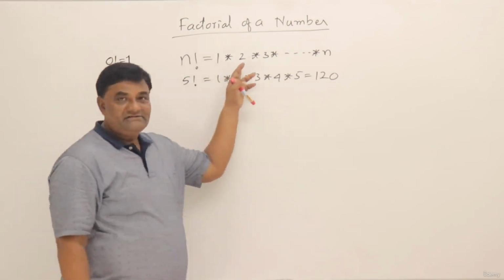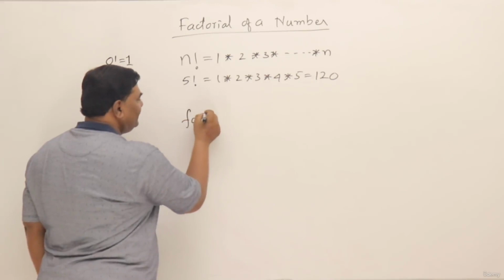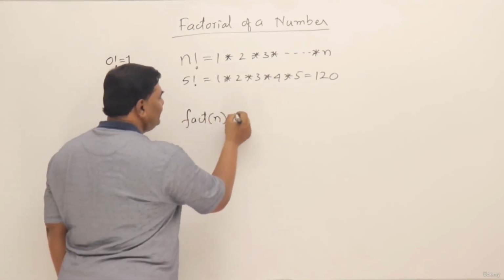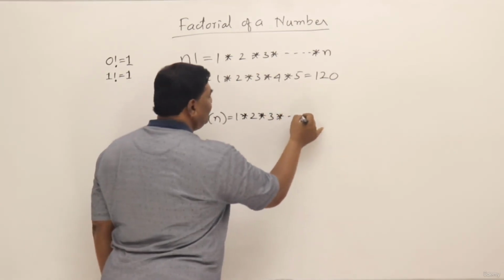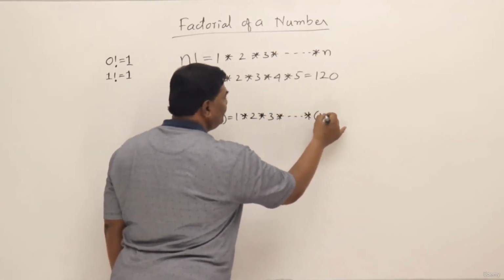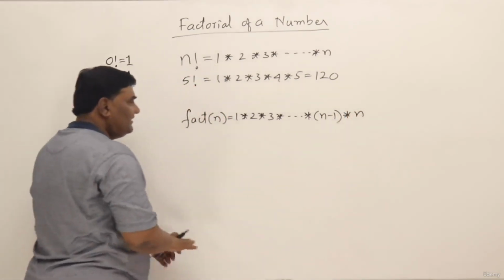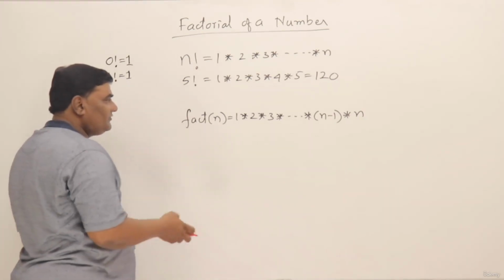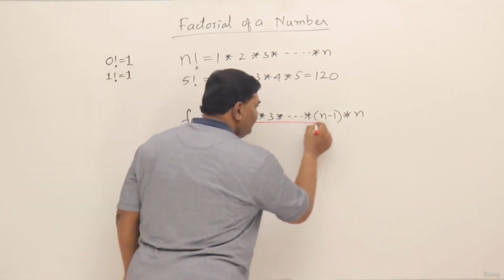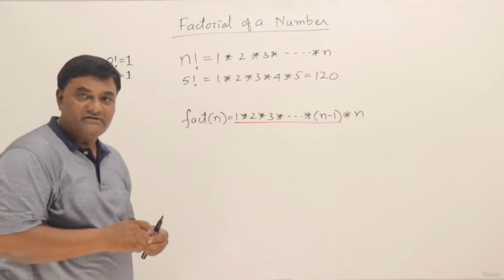Now let us define this recursively. If I say fact of a number n is 1 into 2 into 3 goes on up to one more term I will include, that is one more number, n minus 1 into n. So in this, if I observe factorial of a number from 1 to n, this portion if I take, this is factorial of n minus 1.